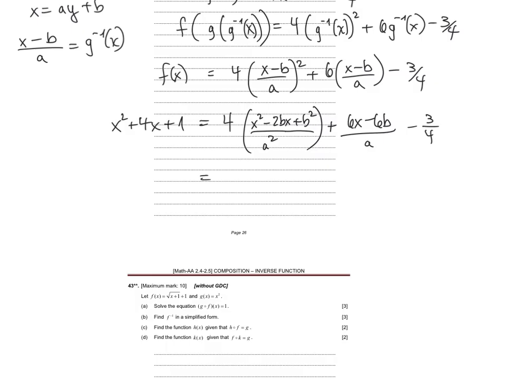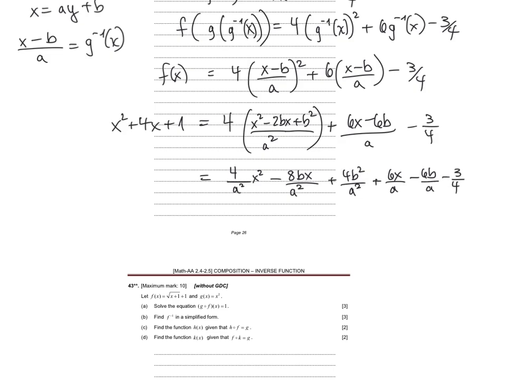So we're going to have 4 over a squared x squared, and then minus 8bx over a squared plus 4b squared over a squared plus 6x over a minus 6b over a minus 3/4.